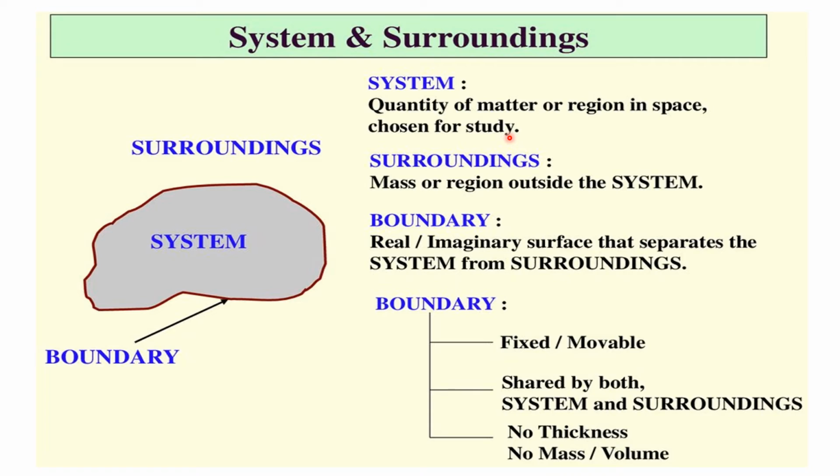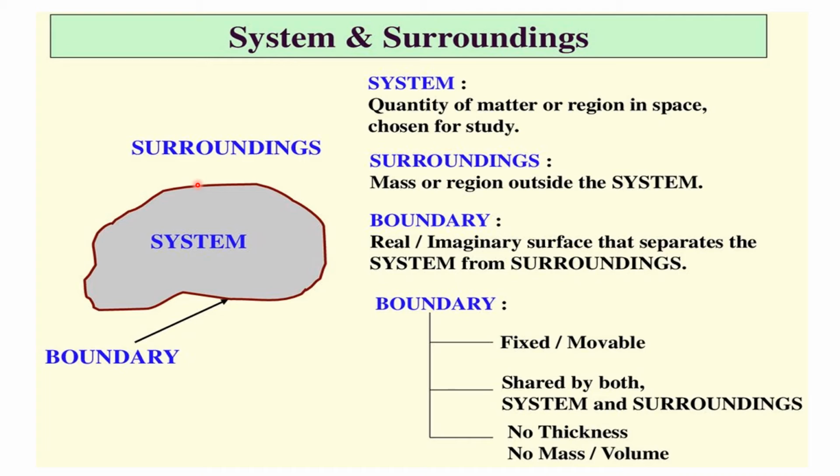Any region in space which is selected for our study purpose is called the system. So this is my system. I can take anything, any region in space which I am choosing for my study purpose, it is called the system. I may consider the pen as my system.